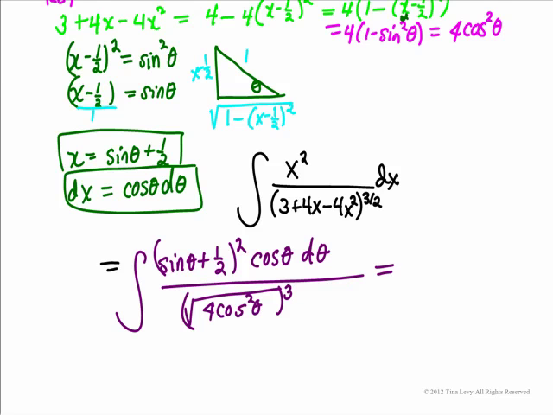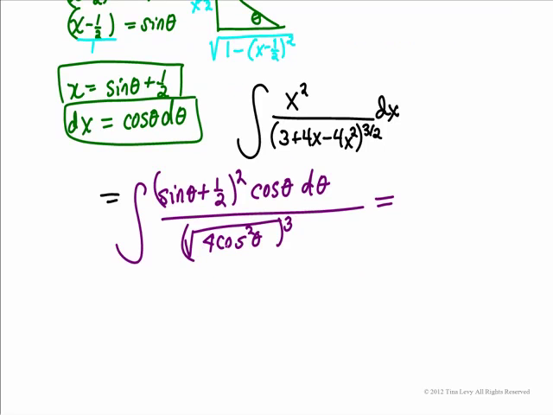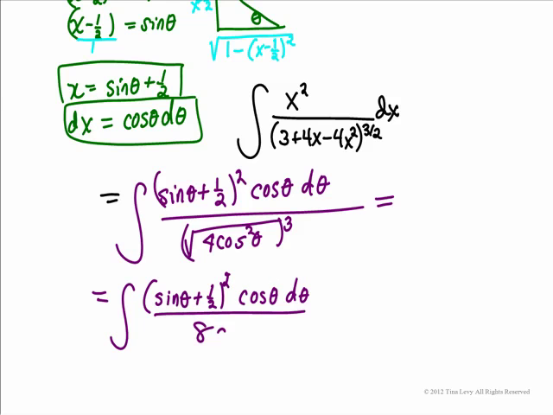Continuing to do this, the square root of 4 cosine squared is 2 cosine. So this is (sine theta plus a half) squared, times a cosine theta, and then here we have 8 cosine cubed theta. I can work the numbers, but certainly here this cancels and I have a cosine squared.